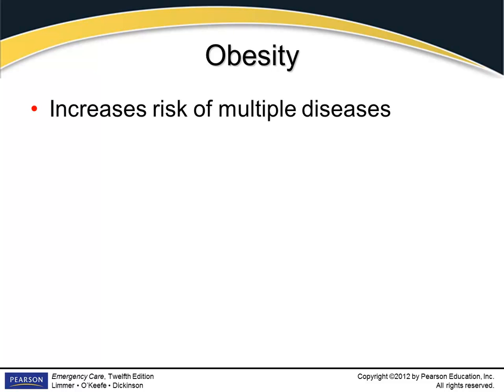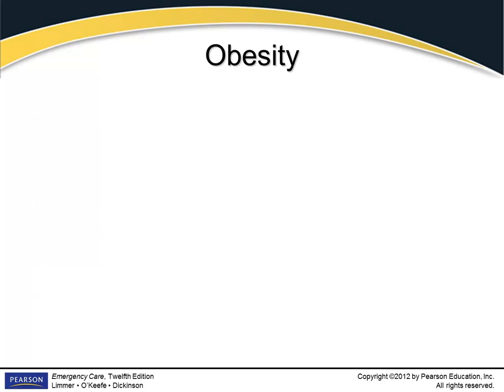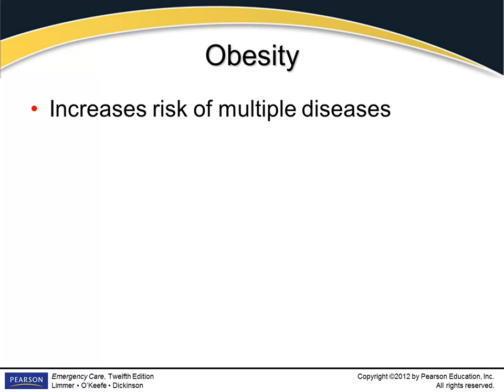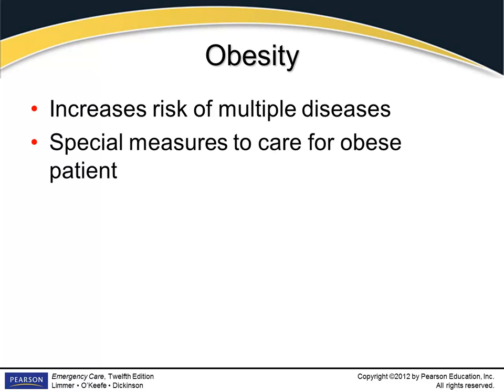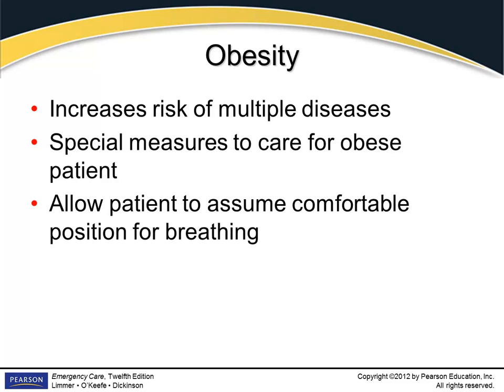Obesity, while that is not a terminal illness per se, does increase their risk greatly for a number of different diseases. We have to take different types of steps with obese patients, particularly trying to move them can be quite challenging. But you have to recognize too that they have greatly increased risk for respiratory disorders, things of that sort because of their size.